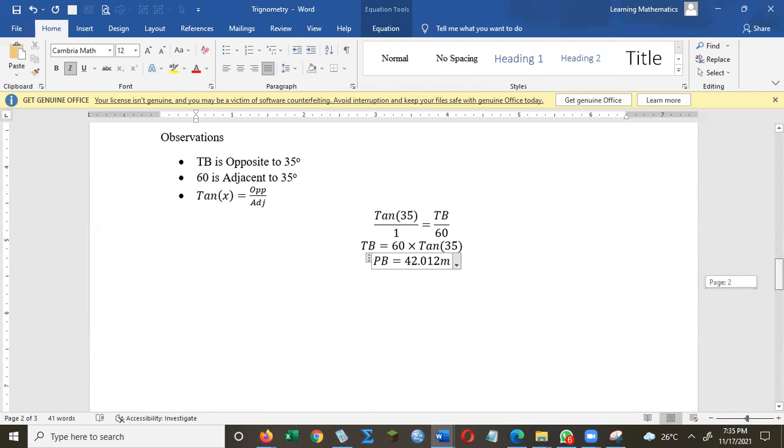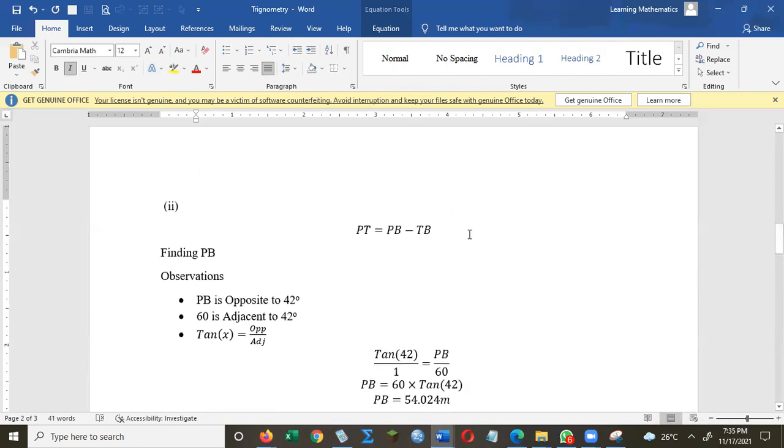So now we're in a position to calculate PT, which is the pole.